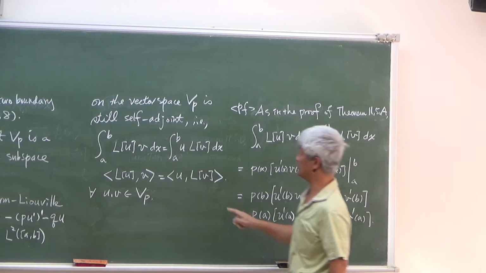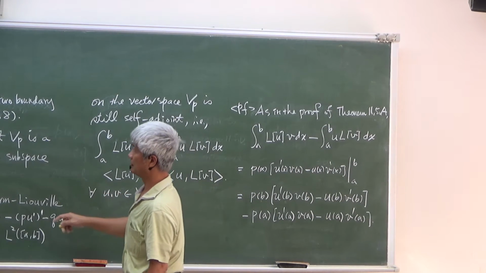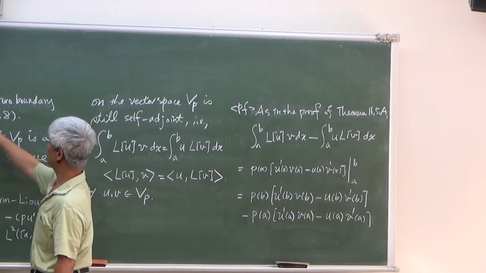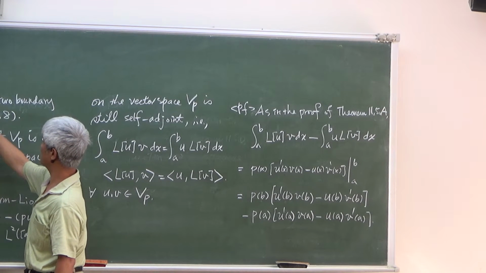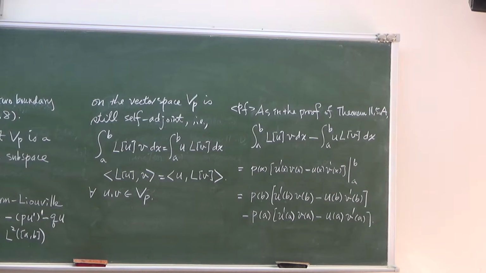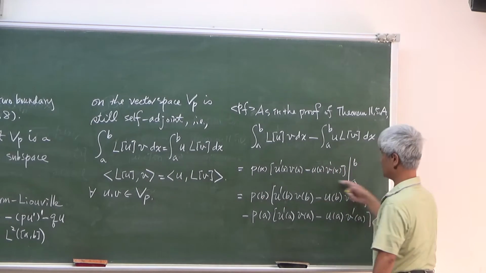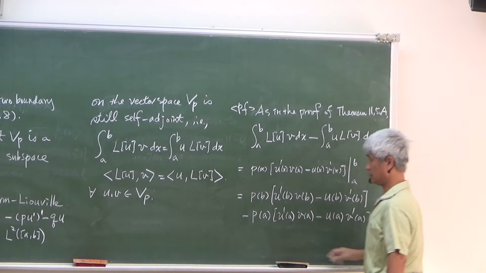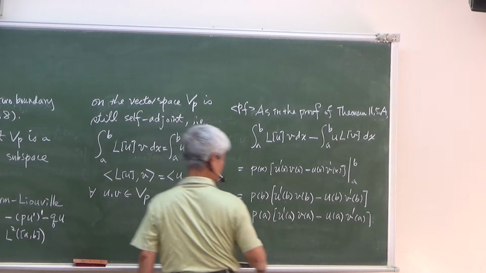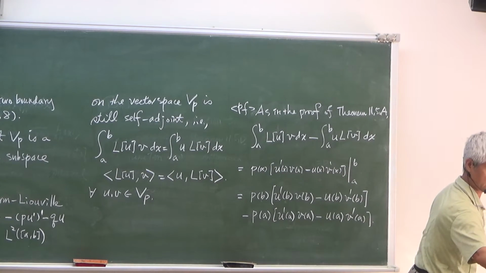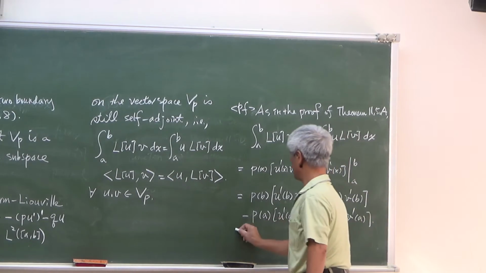Because of the periodic condition here, u(x) satisfies the two boundary conditions. So u(a) equal to u(b), u prime (a) equal to u prime (b). Okay. So the first one is equal to the second one. So the result is that this is equal to 0.